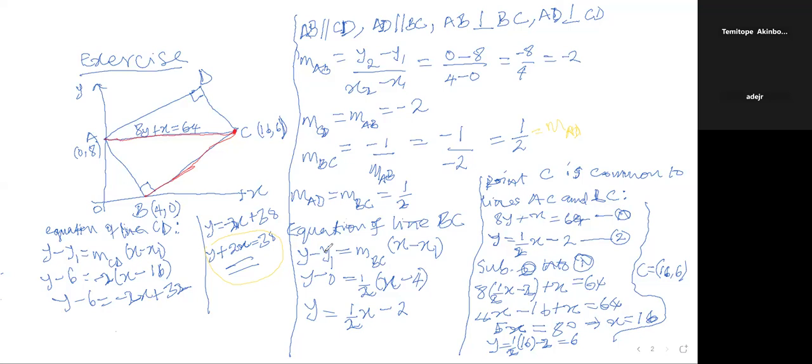So the equation of AD is 2y minus x equals 16. If you solve that with the one I circled yellow, you get that coordinate D, which is 12, 14. That's good.